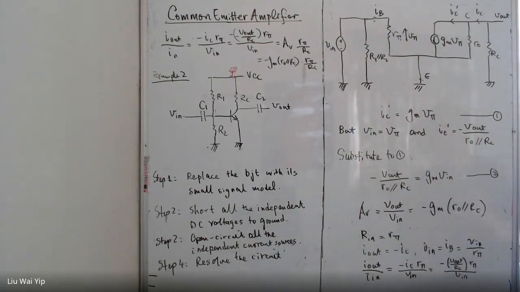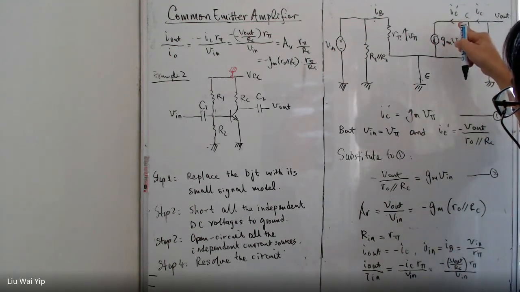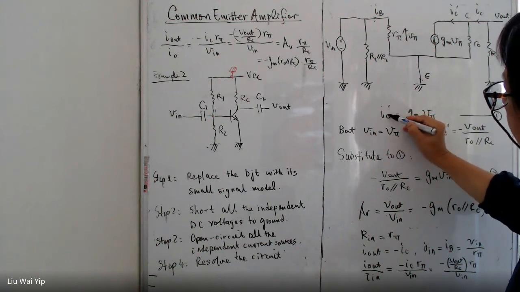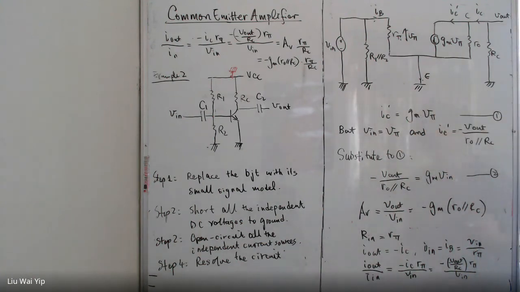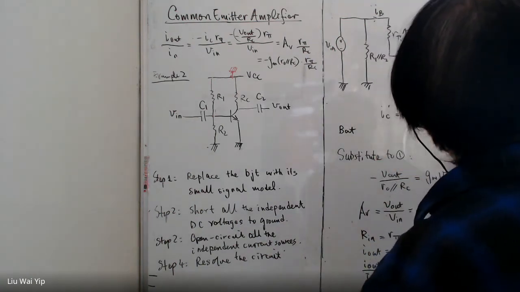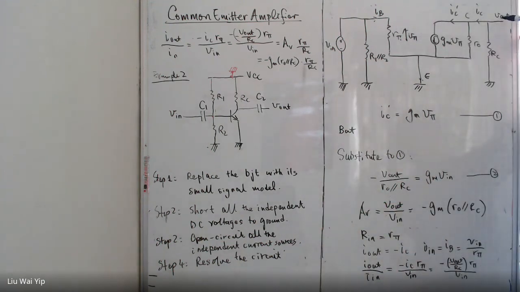To start with, like what I did before, I usually start from this point here. IC dash is equal to gm times V pi, and this is equation 1. And what is IC dash? According to here, IC dash is the voltage divided by the combined resistance here.